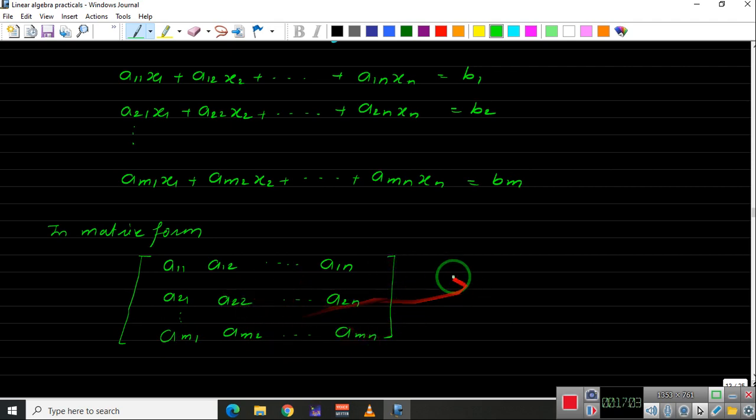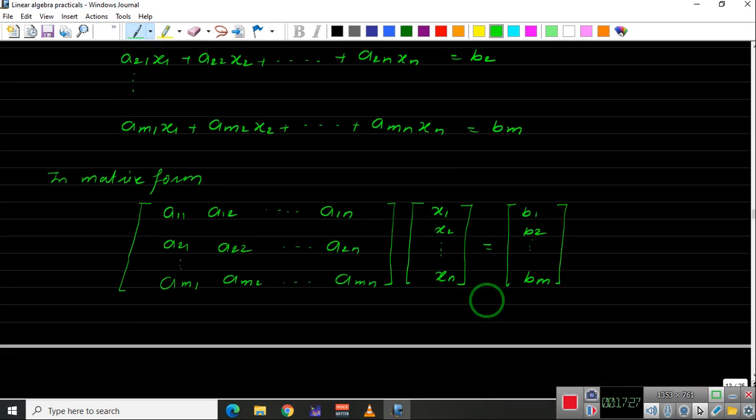Okay, this is a matrix. Let me take another matrix here, which is the unknown variables, say x1, x2 up to xn. And on the right hand side, let us take these bi's, say b1, b2 up to bm.